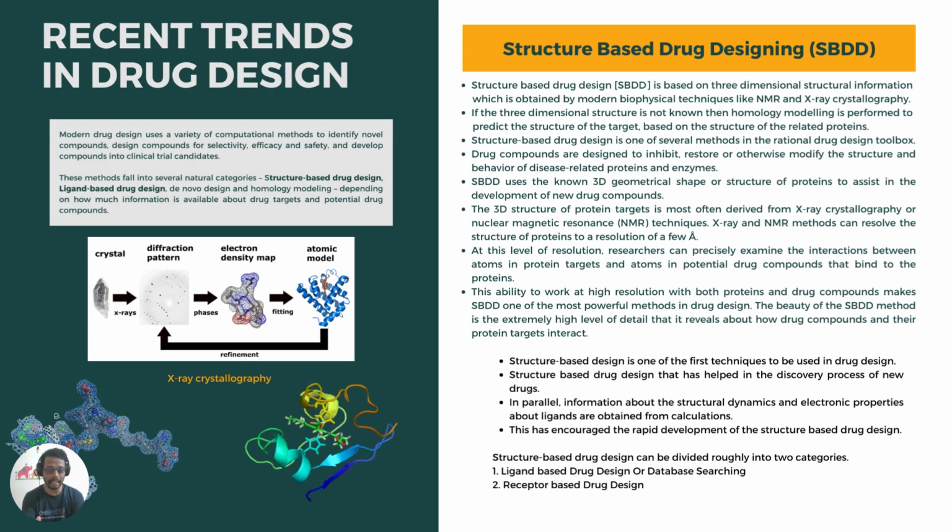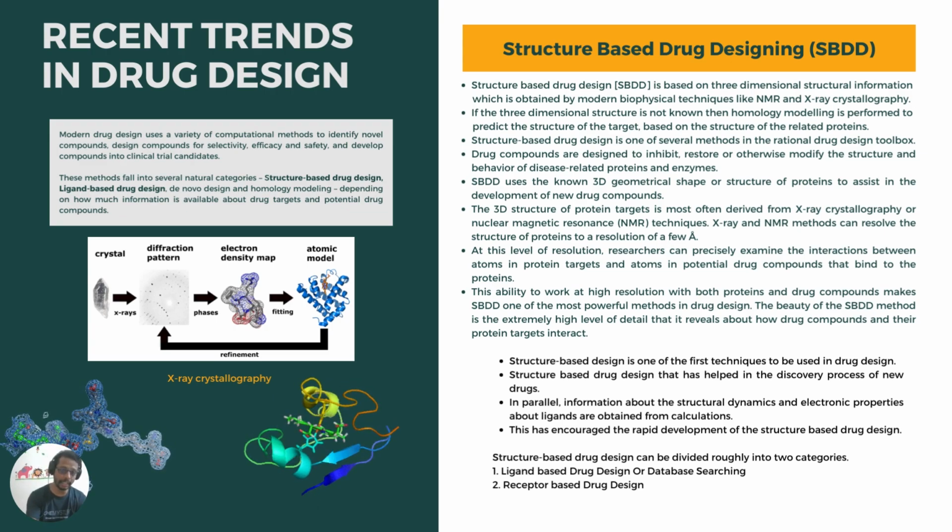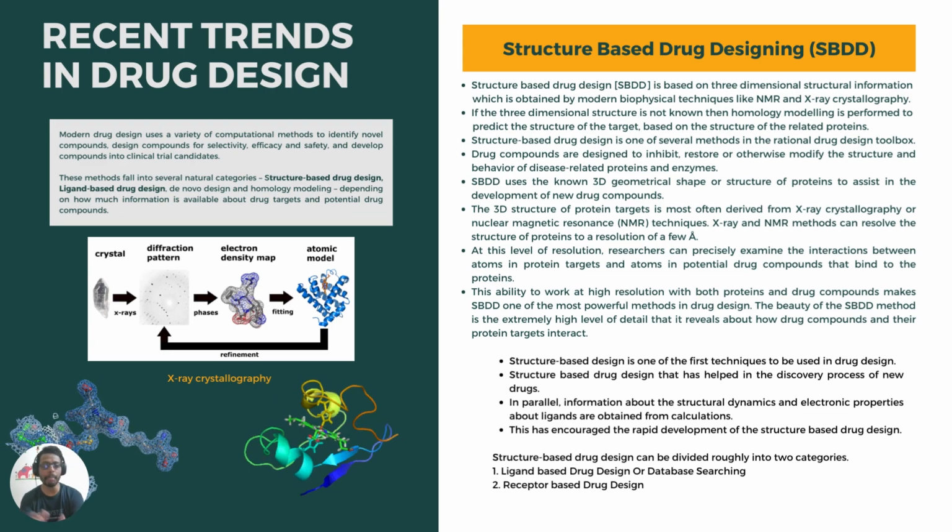All these structures are compared with each other and different kinds of models are formed. This is called homology modeling. All these models and their structures were collected in a database. For proteins, it is called the protein database.